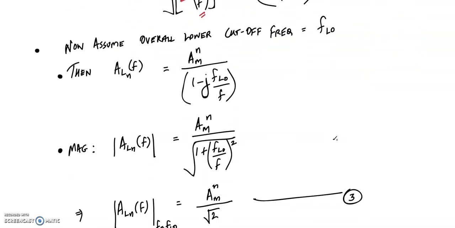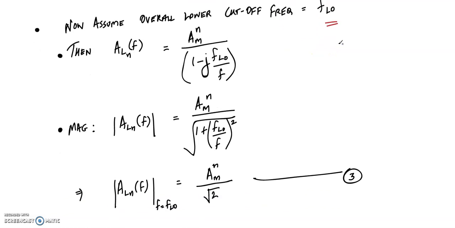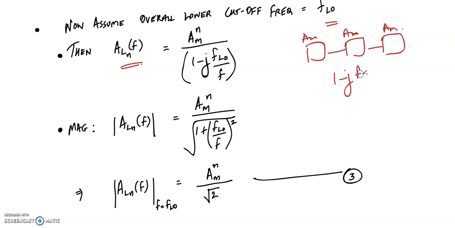Now, as I said in the initial part, we are going to assume that the overall lower cutoff frequency is FL naught. Now we are going to write the same ALN of F in terms of FL naught. What will it become? That is equal to AM whole raised to n, because I have n number of stages, divided by 1 minus j into, it is no longer FL by F the whole raised to n, because we are not considering the n number of stages.